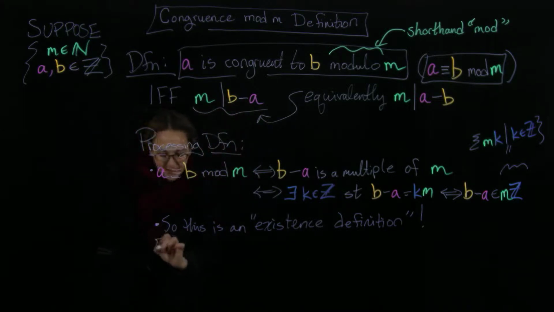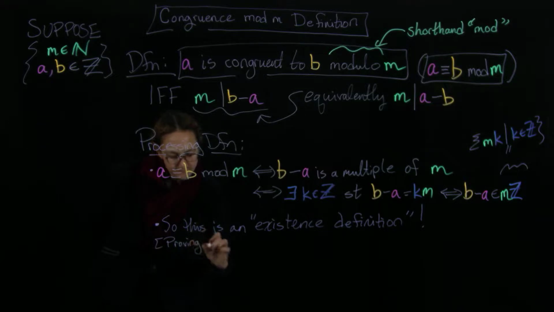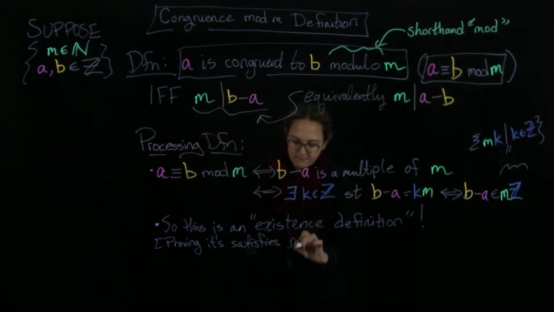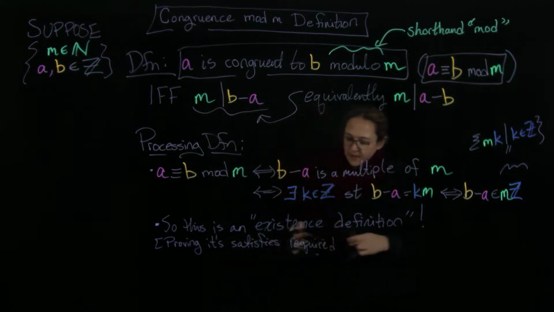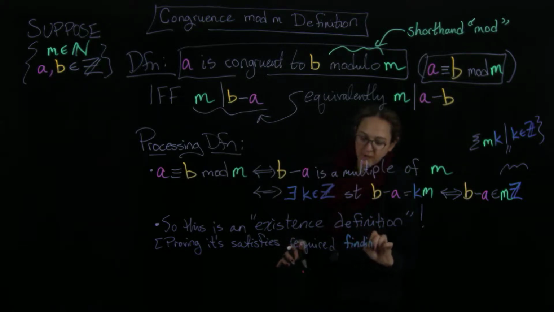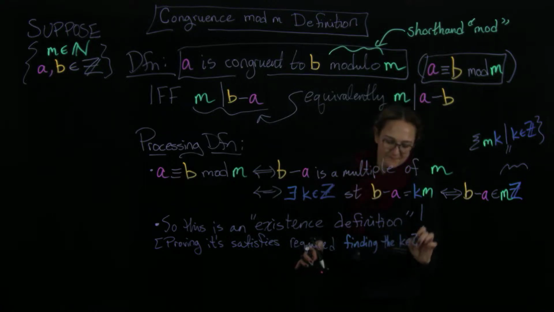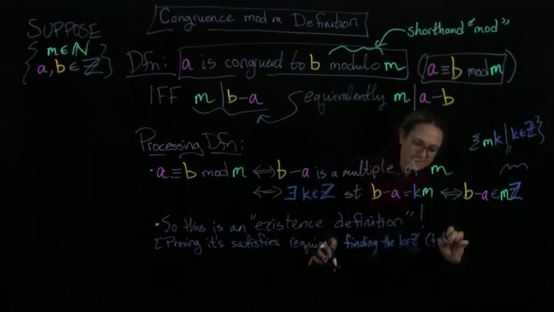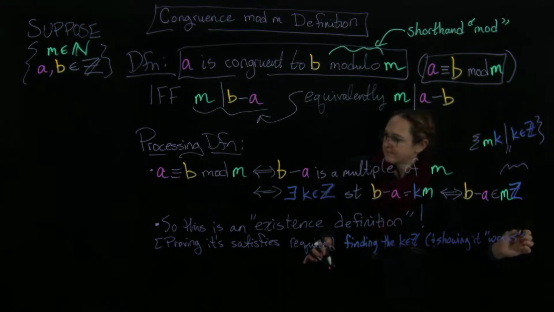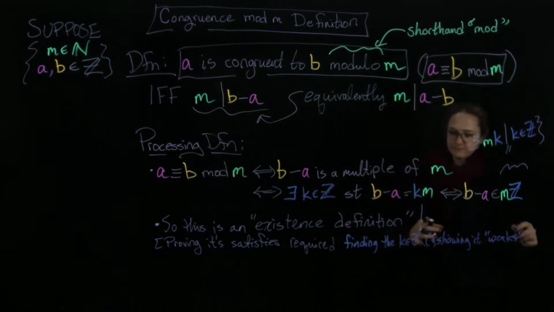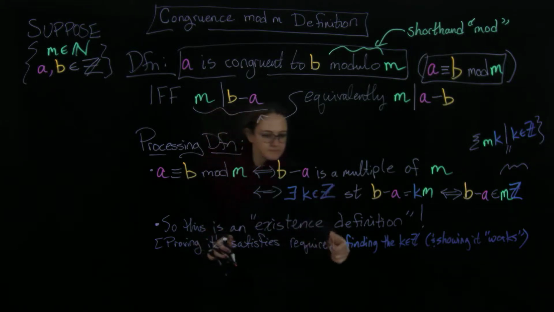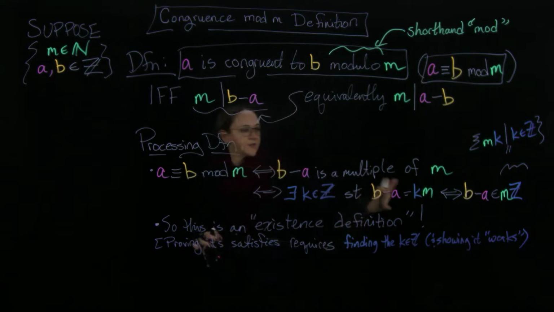So proving it's satisfied requires finding the K and showing it works.